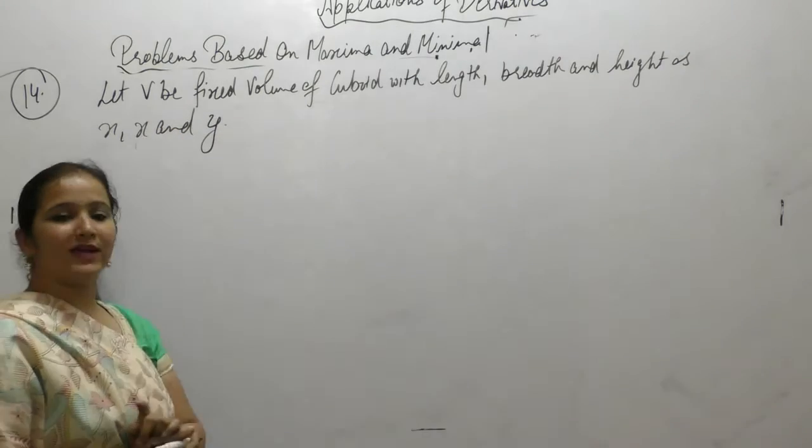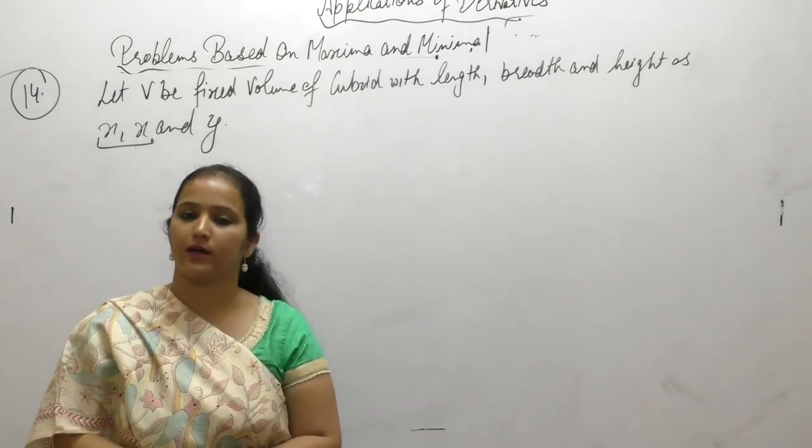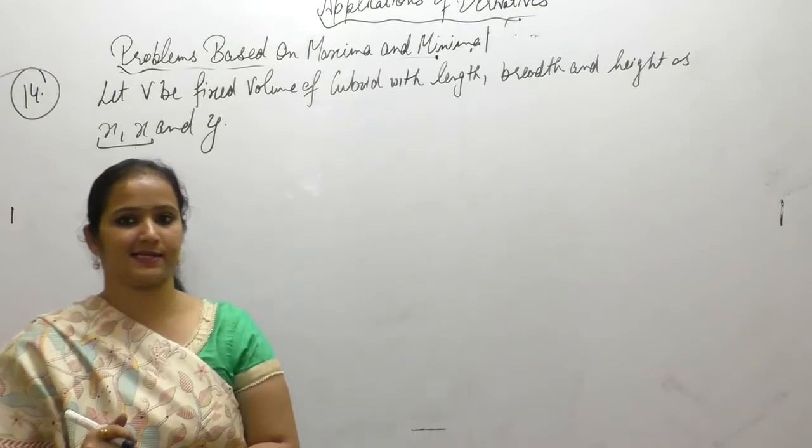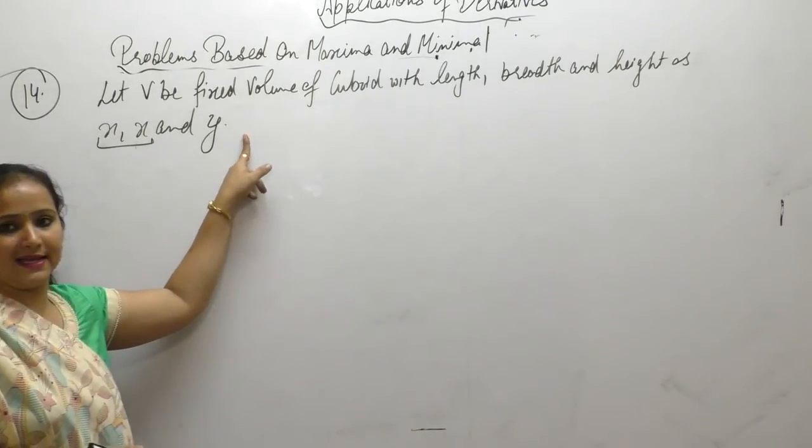Length and breadth we have taken equal because it is given the base of the cuboid is square. A square has all the sides equal, so we have taken length and breadth as x and height as y.